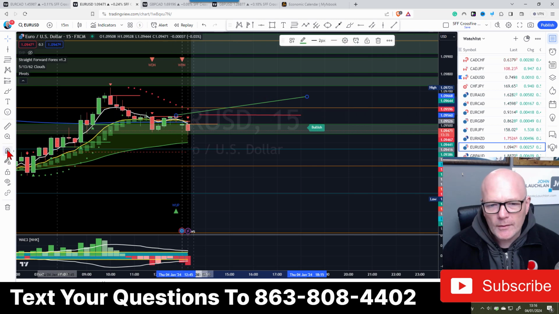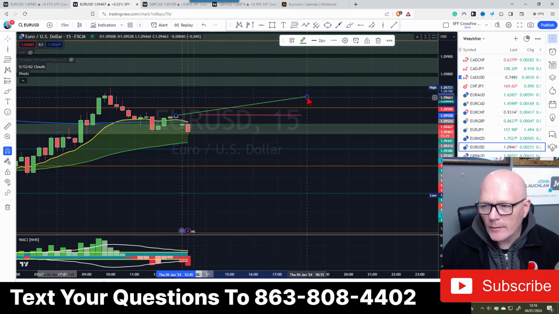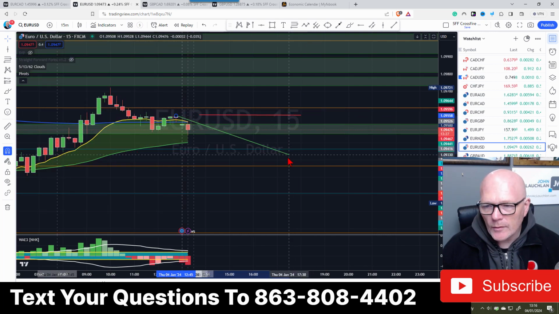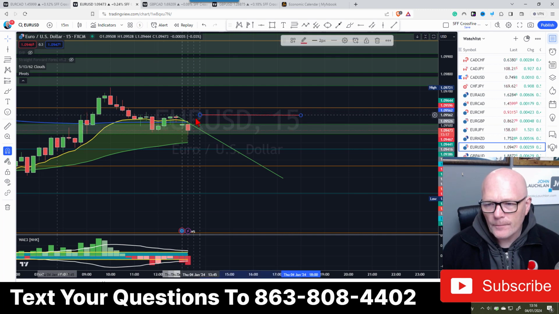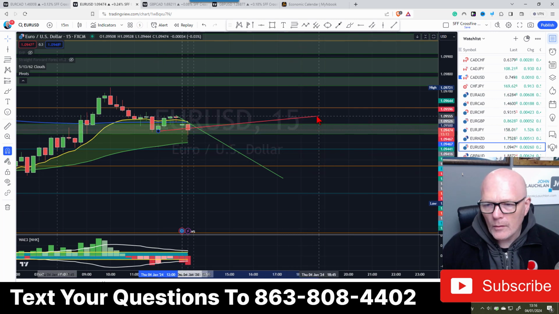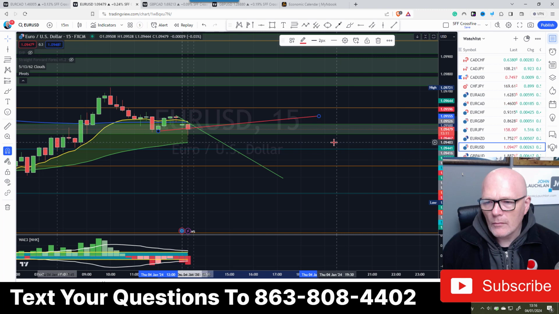So I'll put the magnet tool on. So let's take these indicators off. There you go, that's better. Put that onto the top of the wick, and we've got the lower low here, which is this green candle here, and onto there. There we go.